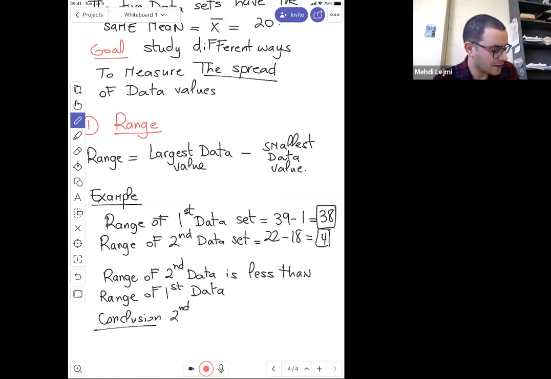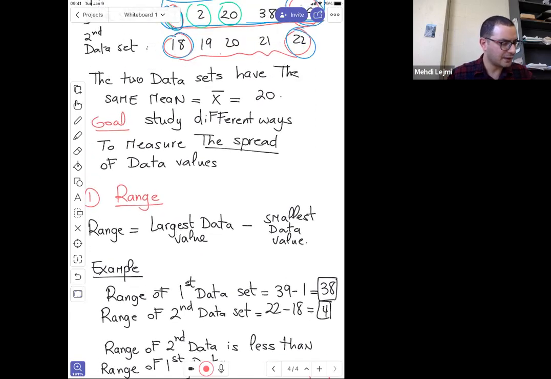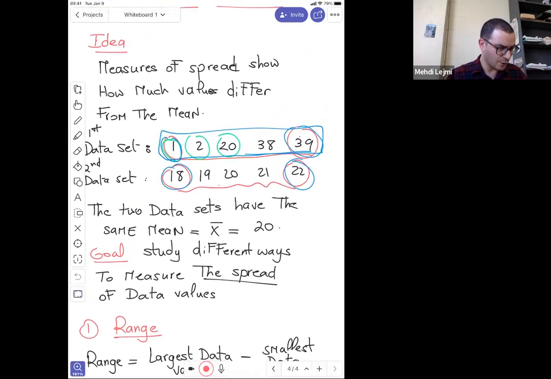is more constant. What I mean by more constant, guys, is that the numbers are kind of close to each other, right?